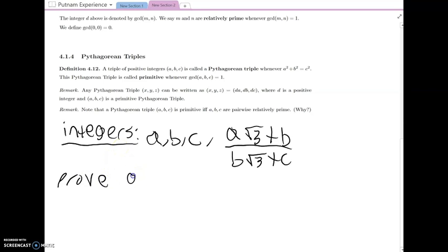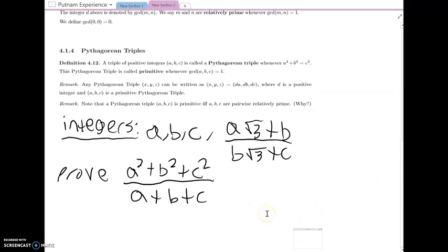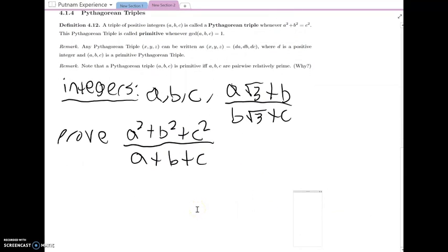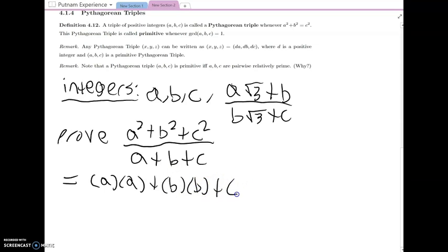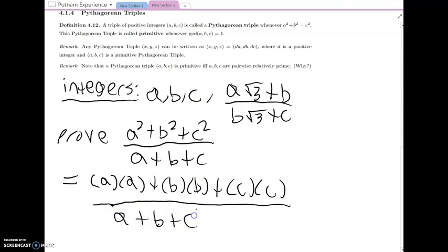It wants me to prove the following: a squared plus b squared plus c squared, can this be divided by a plus b plus c? And this is very interesting. The way I'm looking at the problem, you could do something like this. You have a times a plus b times b plus c times c, over a plus b plus c.